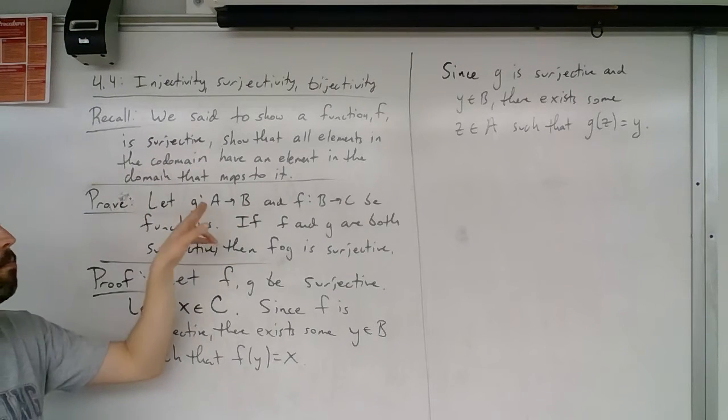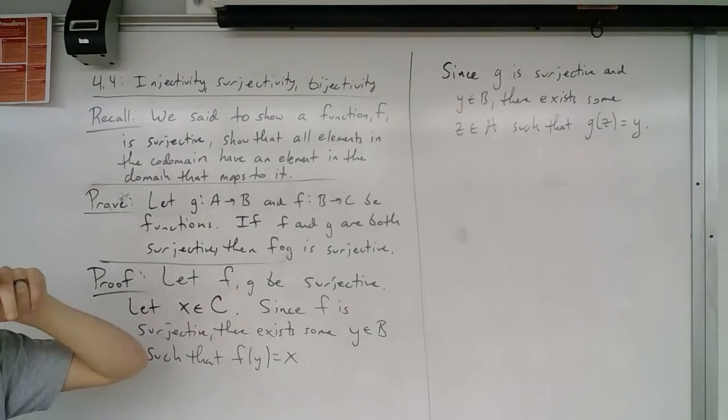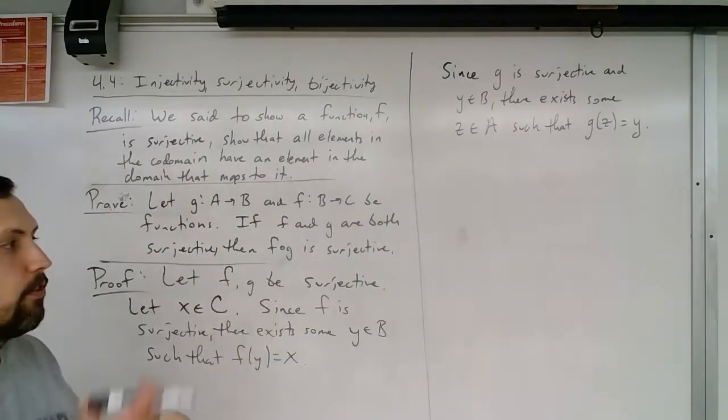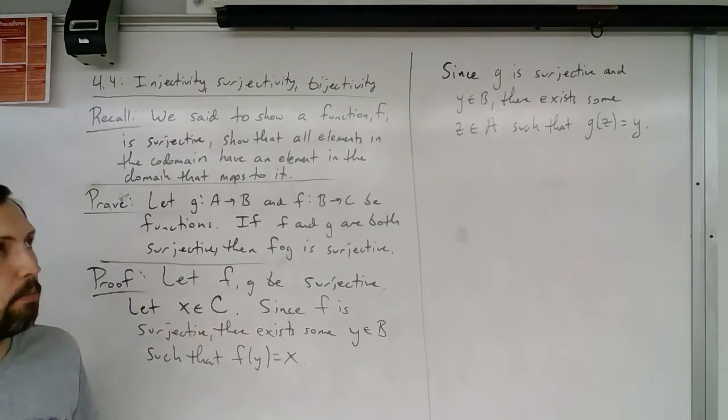Any element in there must have a buddy that's in the domain that gets mapped to it. Okay, so this is great. Now we just have to piece all this back together with the composition.